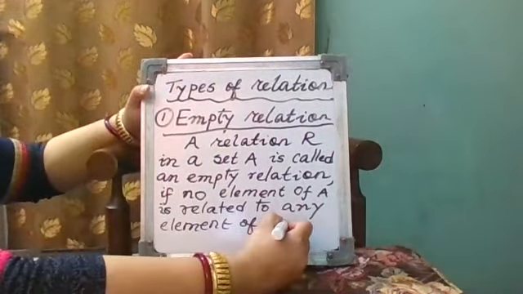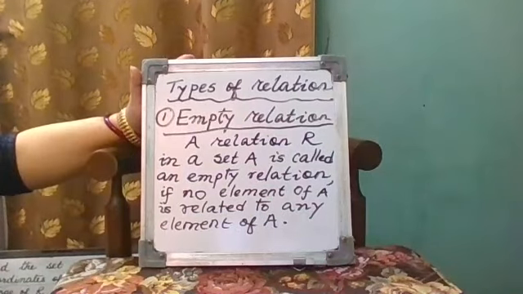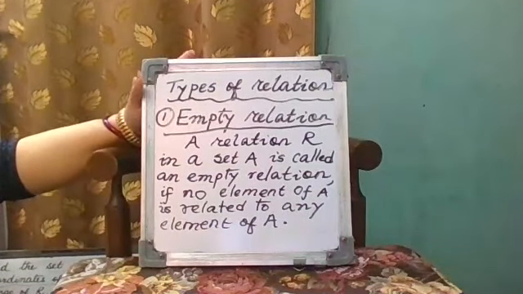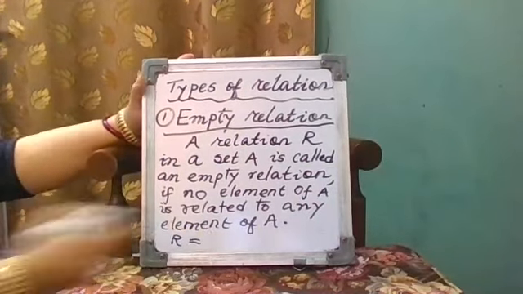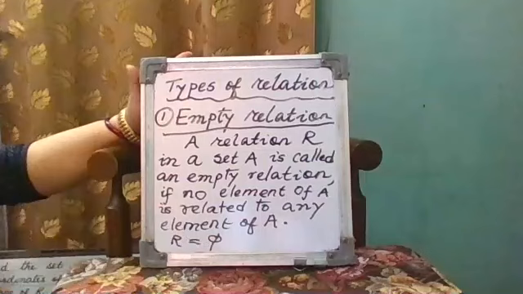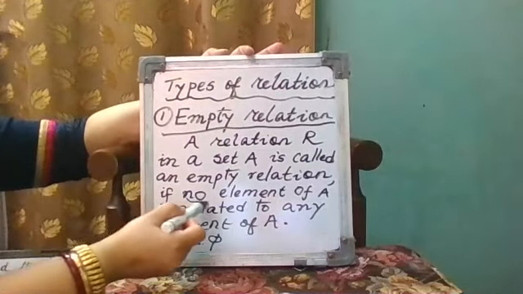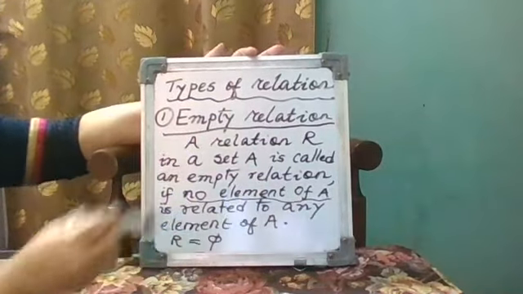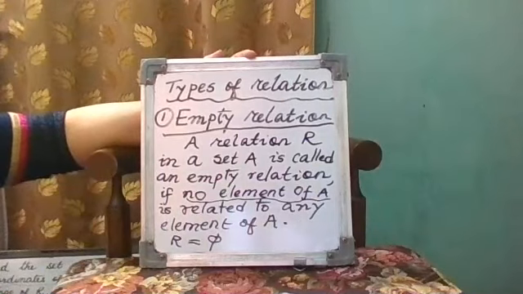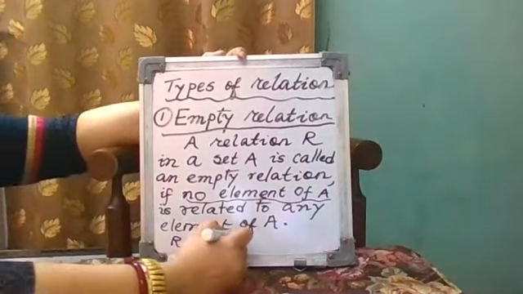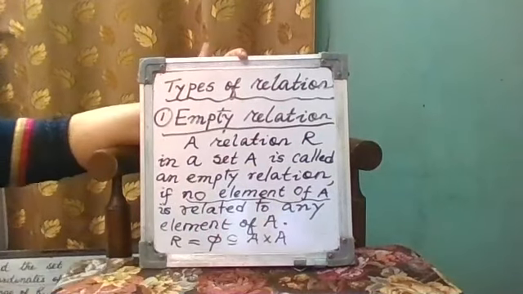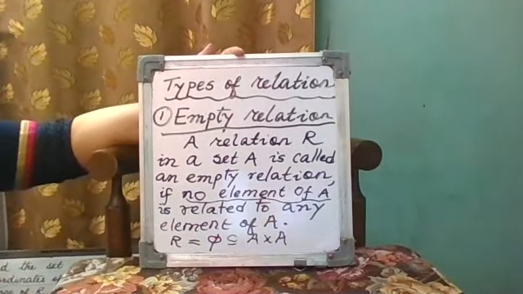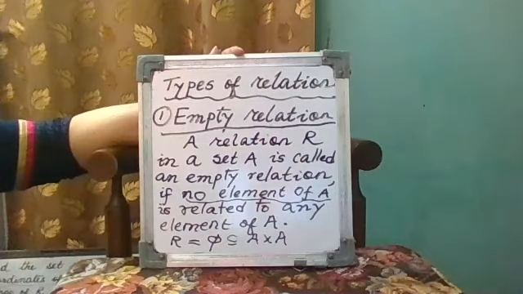Now you have given the full stop. Okay, stop there. Next step: R equals the empty set. See here, it's given no element of A. That means R equals the empty set, which is a subset of A cross A. You people know, the null set is a subset of every set.